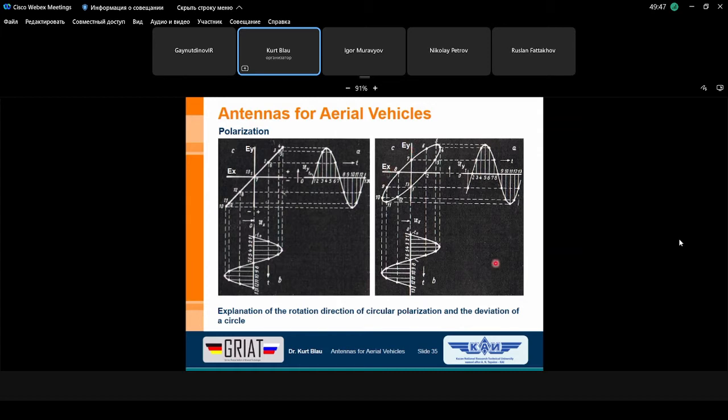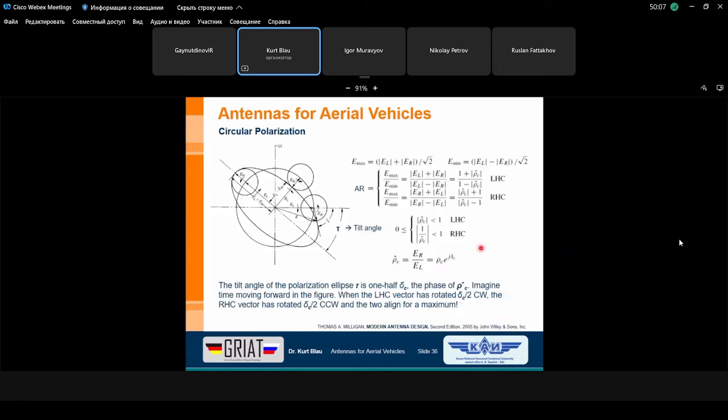Okay, this is only for self-study: how to design or how to determine the phase angle between the two voltages if we want to realize a special elliptical polarization. Yeah, this is also visible here.